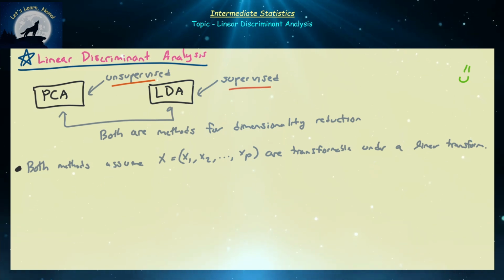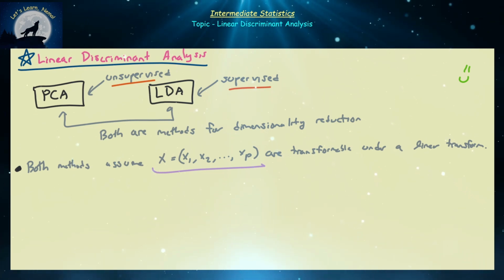But keep in mind, both are methods for dimensionality reduction, so you might want to use both PCA and LDA in parallel and compare the results to see which one is more appropriate for your particular data set. Regardless of the method you plan to use, both assume that your data matrix is transformable under a linear transform, or can be linearly correlated without any multicollinearity.